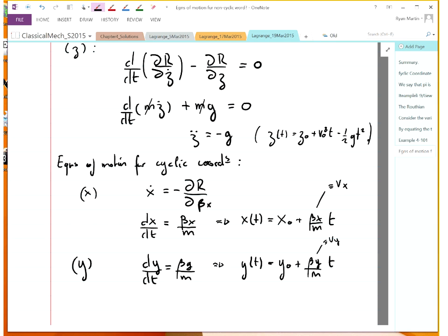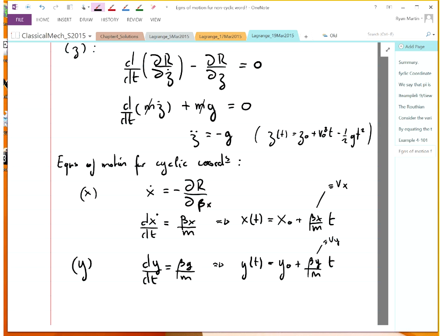And so you can see that it would be appealing if we can find a set of coordinates where all the coordinates are cyclic, because then they're all trivially solved. Because these differential equations you get for the cyclic coordinates are always first order in the coordinates equal to some constant typically. Not necessarily equal to a constant, but often. That's the end of the chapter.